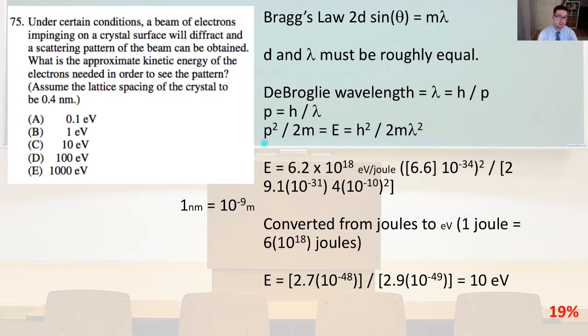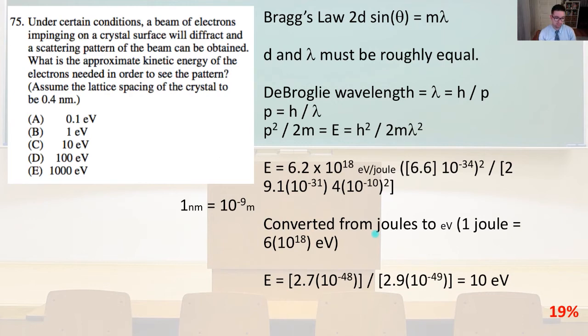So p squared over 2m we know equals the energy, and that equals, therefore, h squared divided by the quantity 2m lambda squared, where we have E equals 6.2 times 10 to the 18 electron volts per joule, that's our conversion factor, times 6.6 times 10 to the minus 34, that quantity squared, divided by the quantity 2 times 9.1 times 10 to the minus 31 kilograms, that's the mass of the electron, times 4 times 10 to the minus 10, quantity squared.